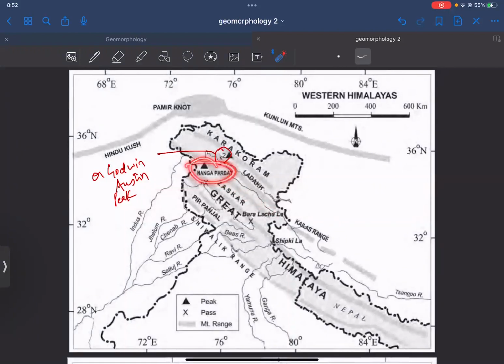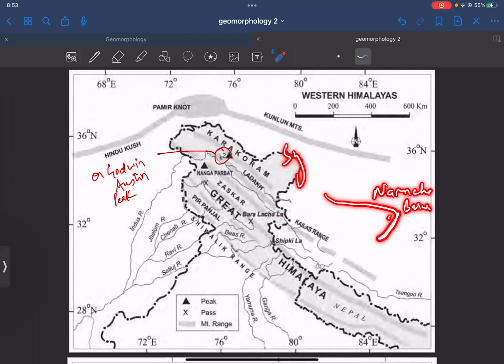Now what is Nanga Parbat? See, the Indus River is coming, and around Nanga Parbat it takes a 90-degree turn. It forms a gorge and takes a turn. So it is Nanga Parbat, right? And likewise, the Brahmaputra takes a 90-degree turn in the eastern Himalayas at Namcha Barwa.